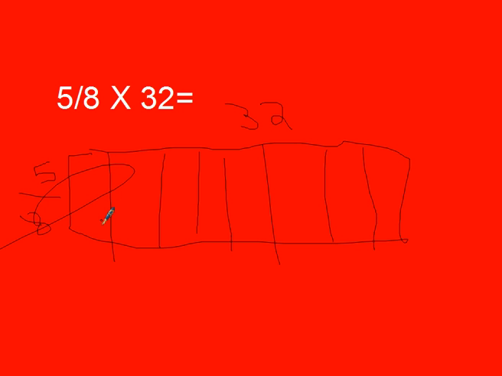And 8 goes into 32 how many times? Or 8 times what equals 32? 4. And I need 5 of these. So when I put them all together, I get 20.